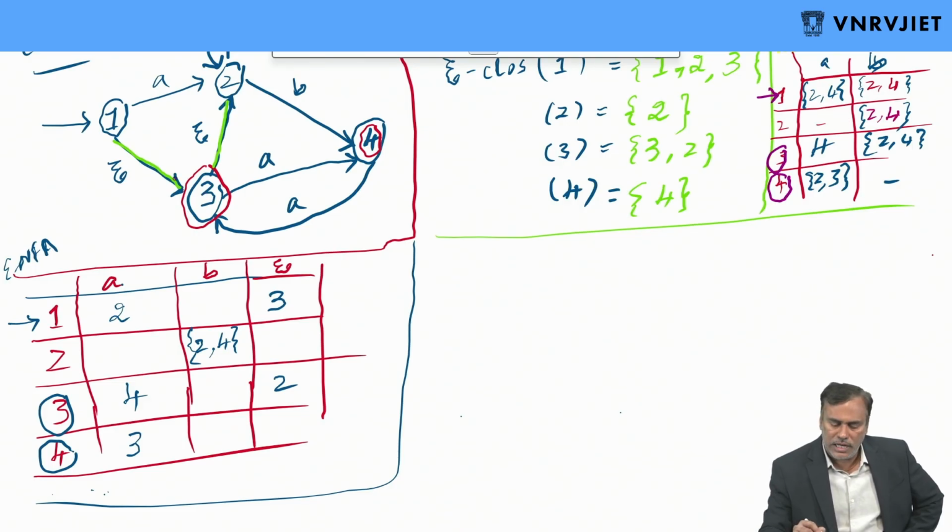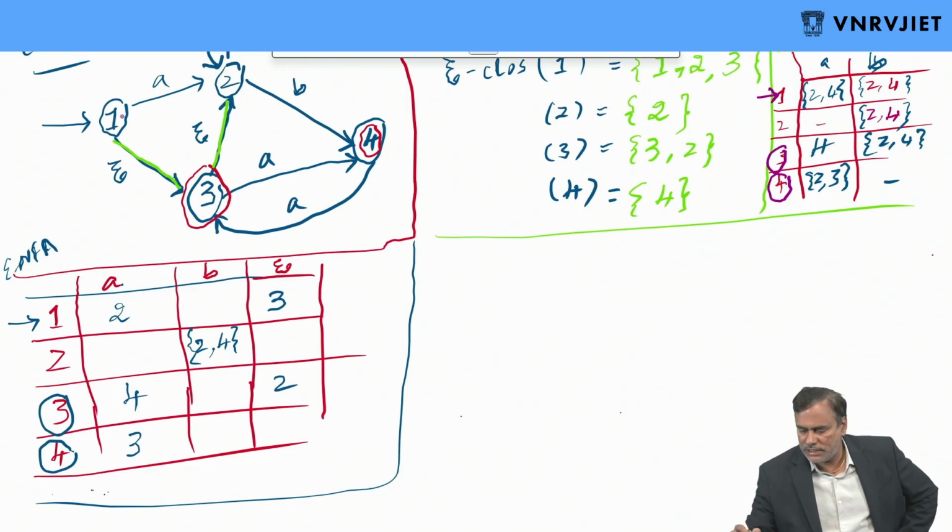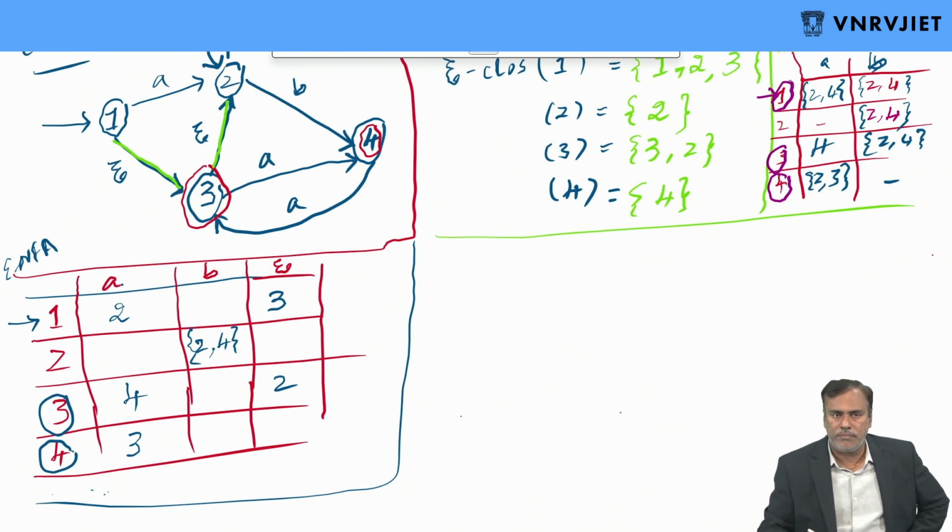Therefore, I have to make this start state as final state. That is an important thing you have to remember. I repeat, from the start state, if you can reach any one final state only on epsilon transitions, then you have to treat that start state as final state in NFA.